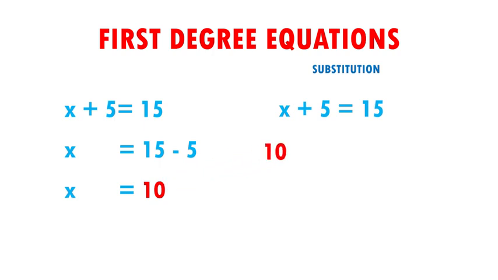So it remains as 10 plus 5 equals 15. When adding 10 plus 5 gives me 15, and this is equal to 15. Therefore, we can say that our result is correct because both sides of the equation are exactly the same. Very easy, right? Let's see another example.